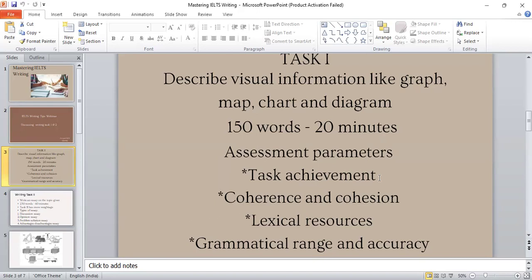That means, let's say you have memorized maybe 10 or 15 words for each task, different high sounding advanced level vocabulary, but you are not very familiar with the meaning, and you don't know whether to use this word here or there. So you are using these words in between the writing task.